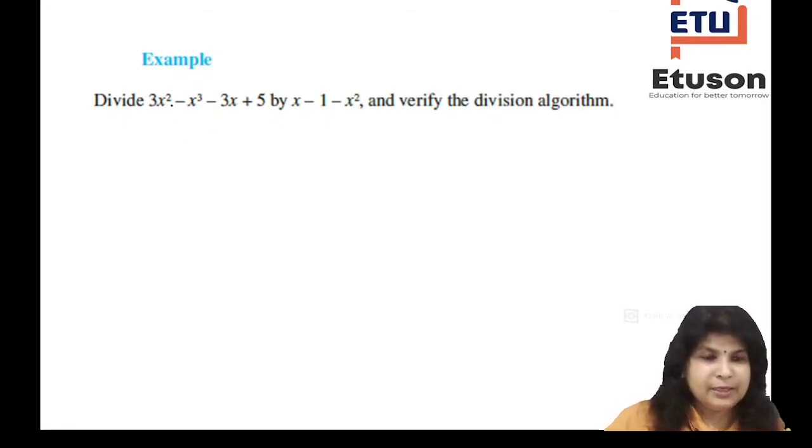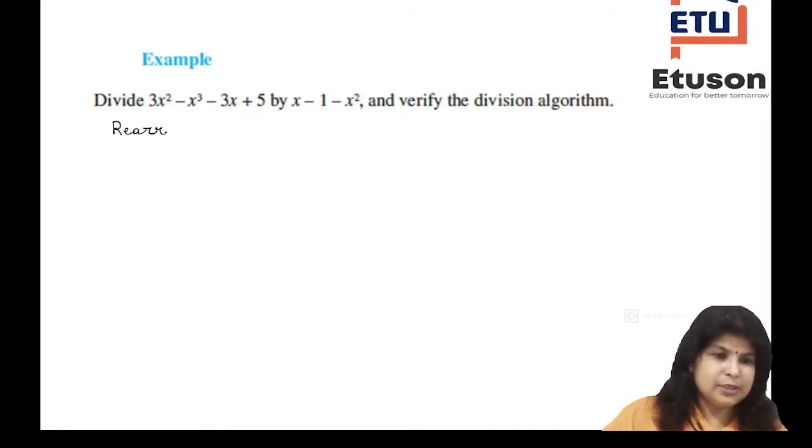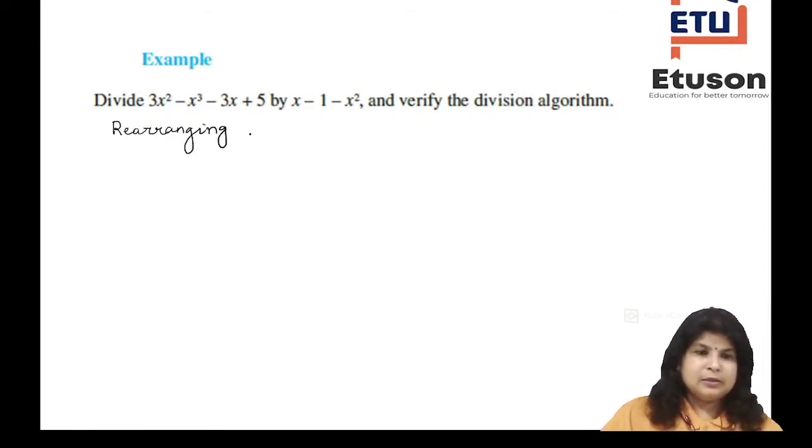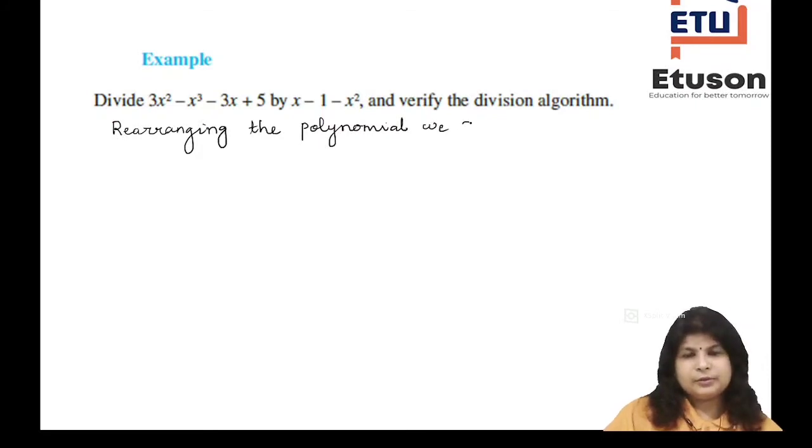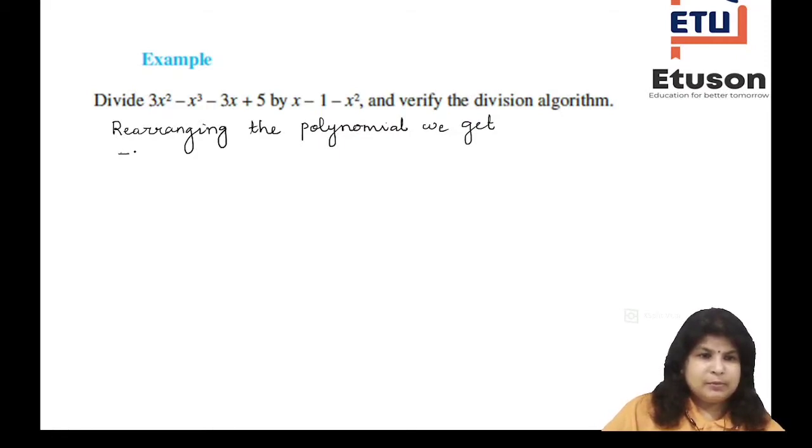So we have to divide 3 minus 3x plus x cube by 3x square... So here both the dividend and the divisor are not in standard form. So rearranging the polynomial, we get: first is minus x cube plus 3x square minus 3x plus 5.